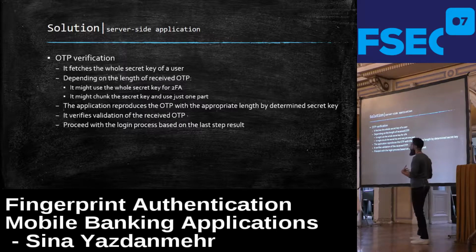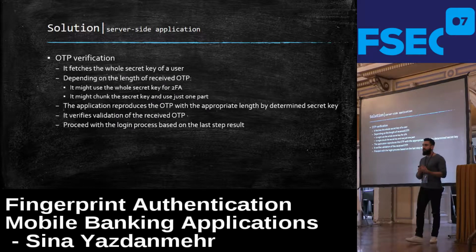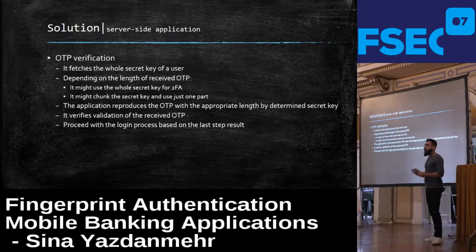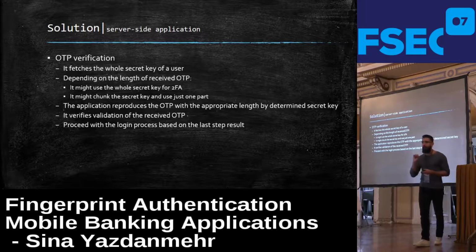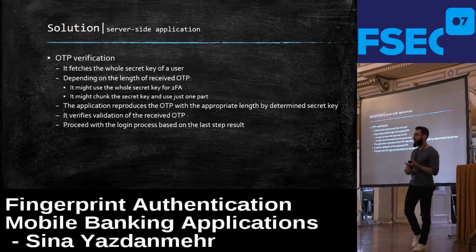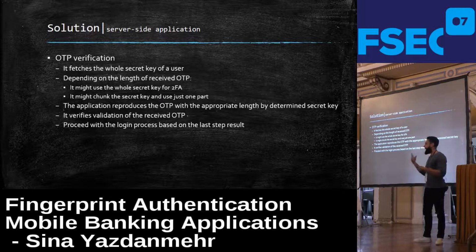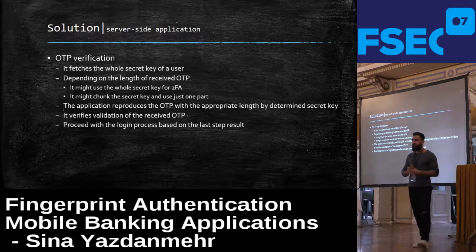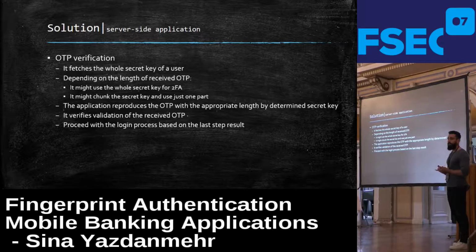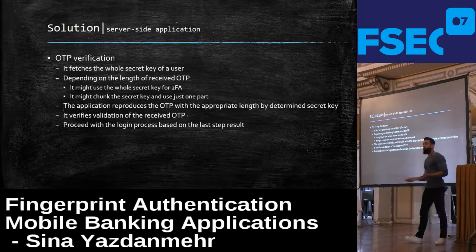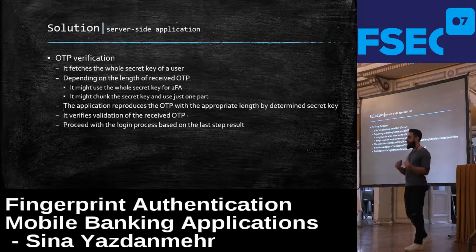Based on the length of the OTP, it fetches the secret key from the database, might use the whole secret key for two-factor authentication or one part for any type of authentication, reproduces the OTP and validates the authenticity of the user. All steps will be the same as current authentication based on the validity of the OTP.